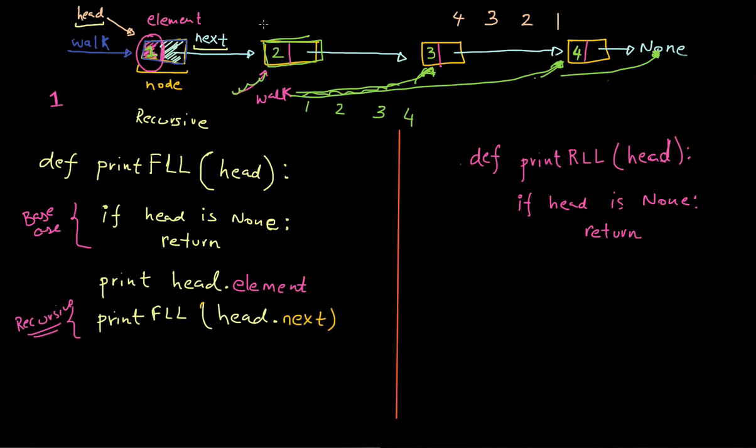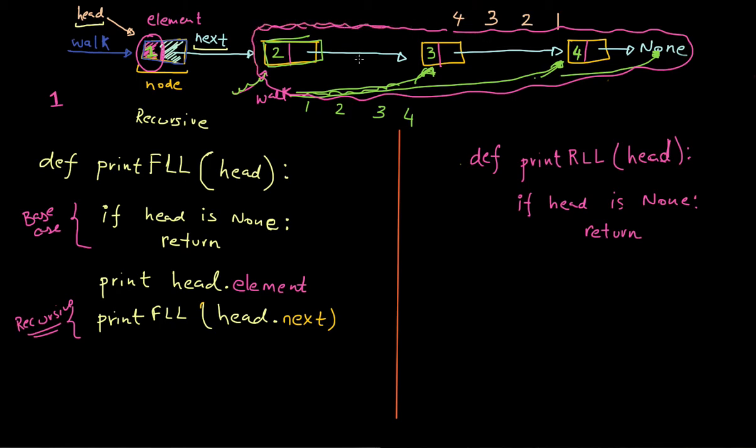So I must make sure that whatever is the remaining subproblem, all of this piece in pink here, is handled. Again, my apologies, it's getting really messy. How do I print out the remaining subproblem in reverse order, starting from 2? Meaning, how do I print this out as 4, 3, and 2?